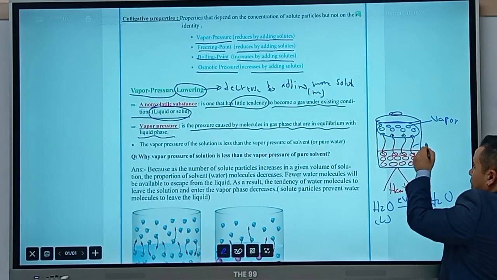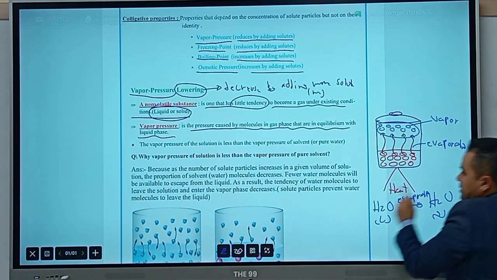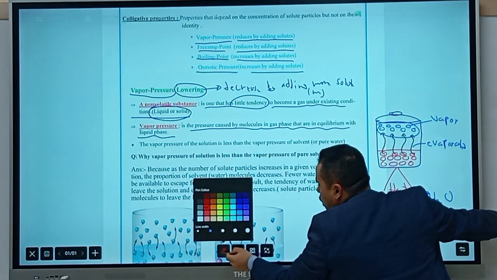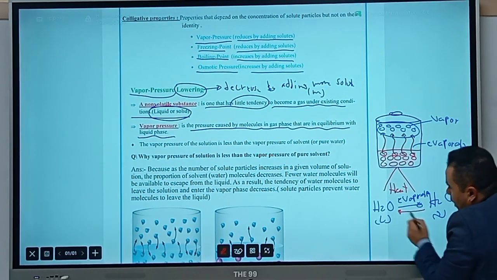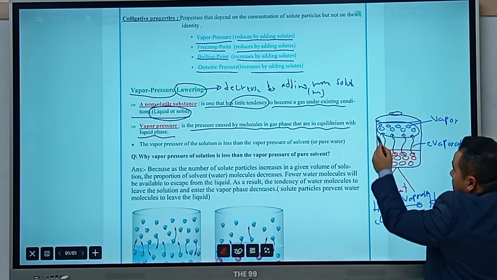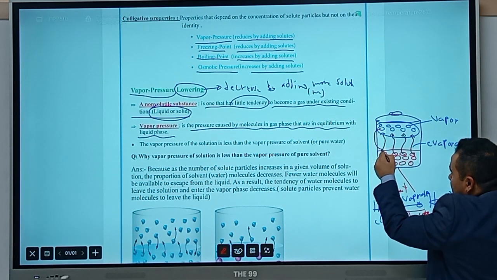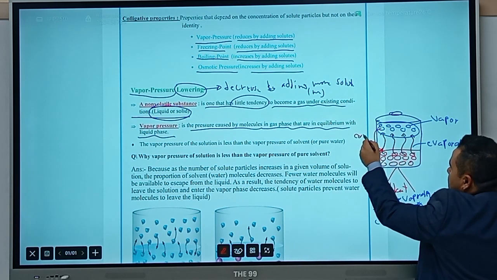So this process is the evaporating or evaporation process. But the opposite process we have as well, we call condensation. So there will be another process where the vapor goes back to the liquid, which we call condensation.